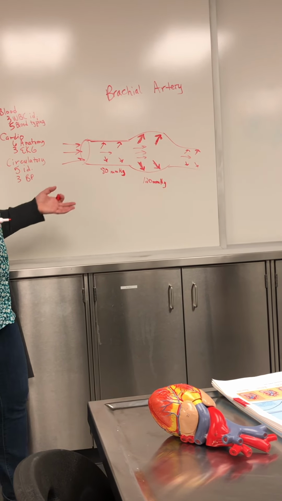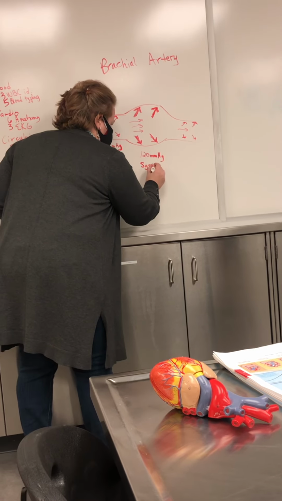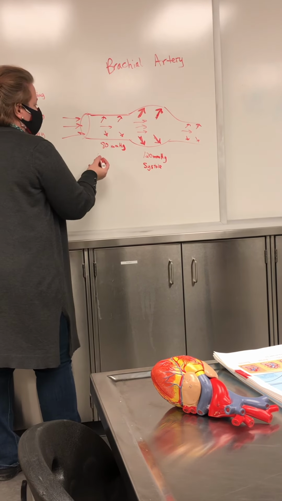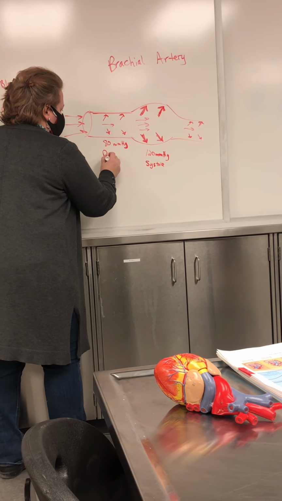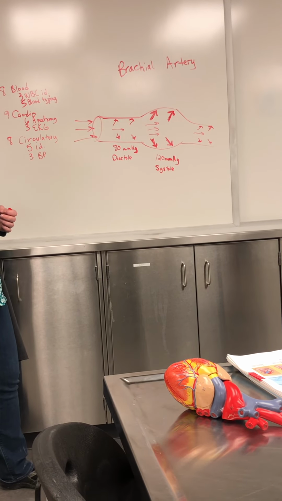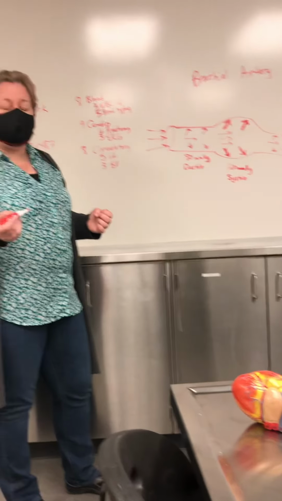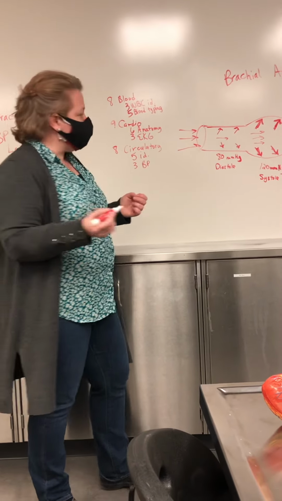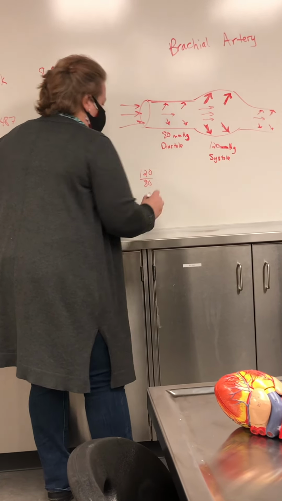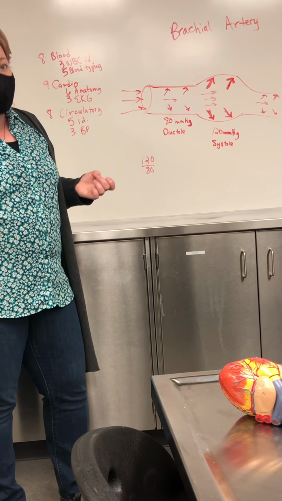So we call this our systolic number, which pertains to systole of the ventricles. And we call this our diastolic number, which pertains to diastole in the heart. So be careful with this one, because a very standard test question is to give you something like this, 120 over 80, and ask, can you tell me what this patient's diastolic number is?